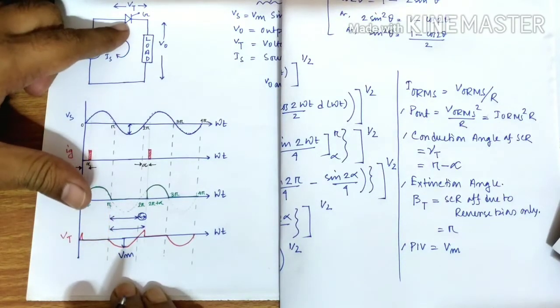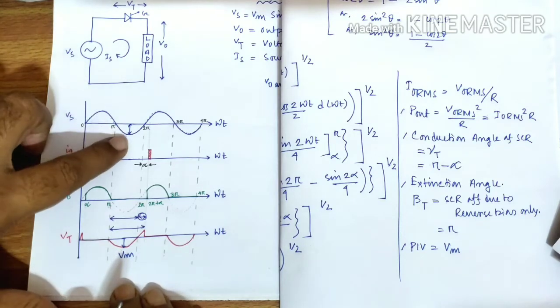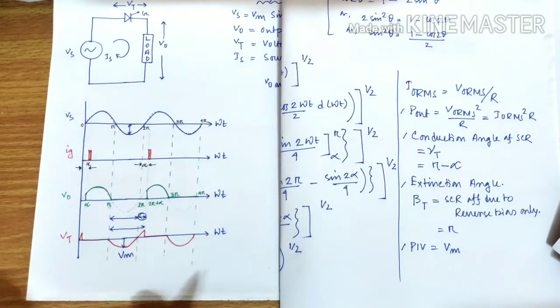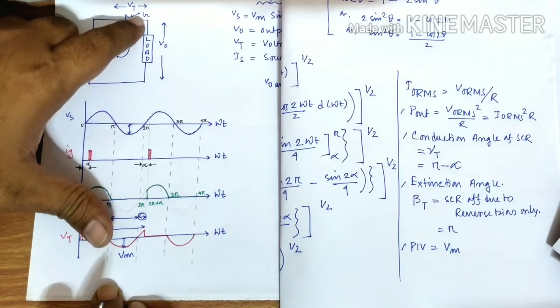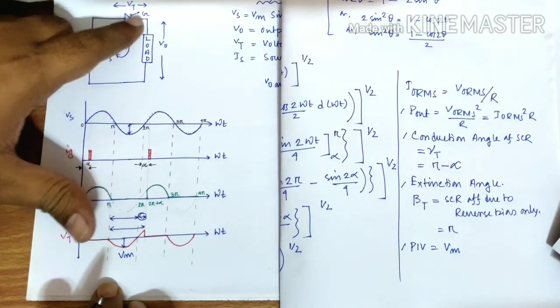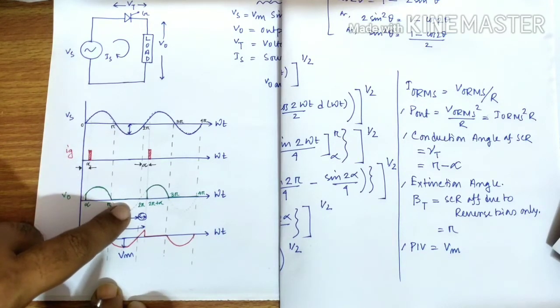Because that amplitude is applied across this thyristor in positive half cycle, in negative half cycle, in both half cycles also. But during positive half cycle, due to the application of gate pulse, it triggers. During reverse bias, we know SCR gets in turned off condition.